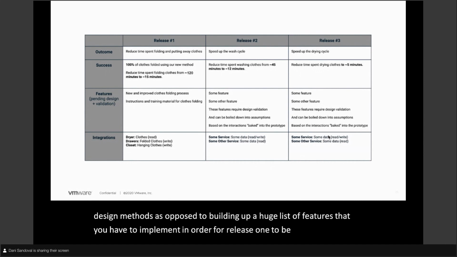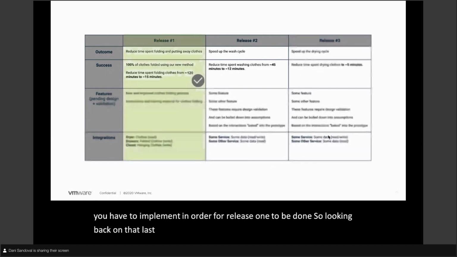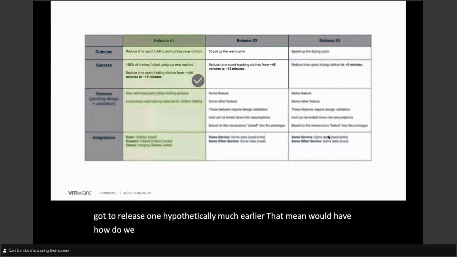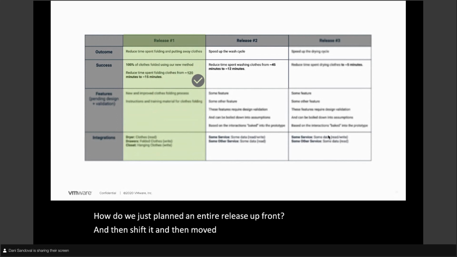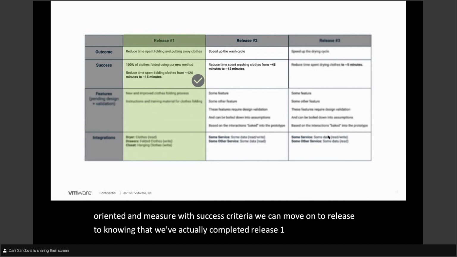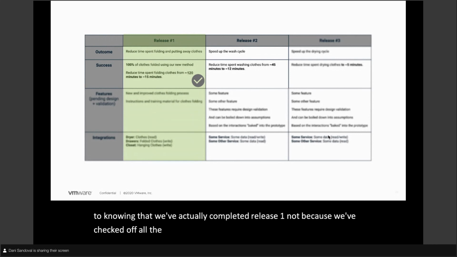So looking back on that last half of this presentation, you can actually see that we got to release one hypothetically much earlier than we would have had we just planned an entire release up front and then shipped it and then moved on. By making a release outcome oriented and measured with success criteria, we can move on to release 2, knowing that we've actually completed release 1, not because we've checked off all the features, but because we've met our users' needs.